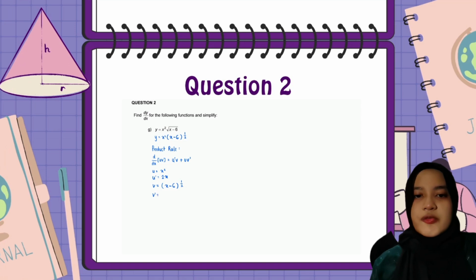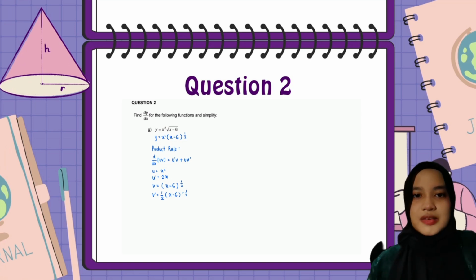To find v prime, we must apply the chain rule. We bring the power 1 over 2 to the front, subtract 1 from the power to get negative 1 over 2, and multiply by the inner derivative of (x minus 6), which is just 1. This gives us v prime equals 1 over 2 times (x minus 6) to the power of negative 1 over 2.